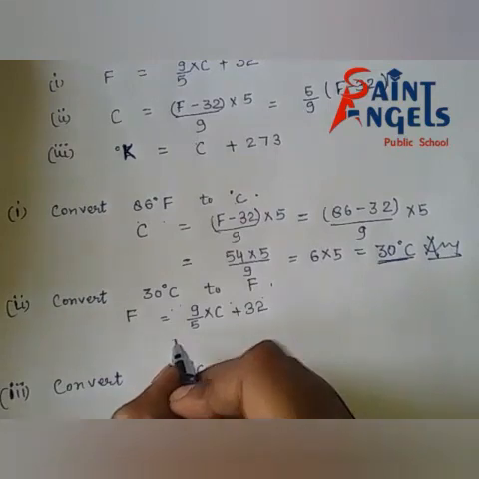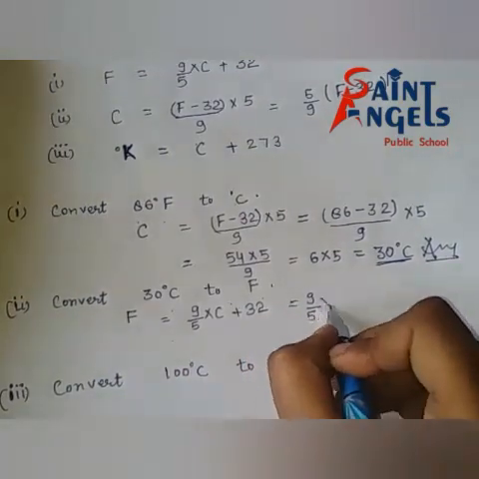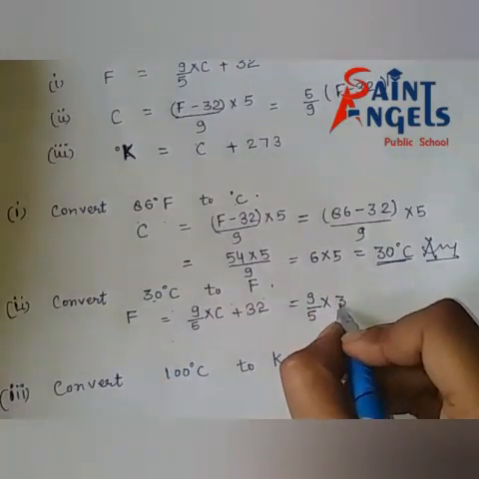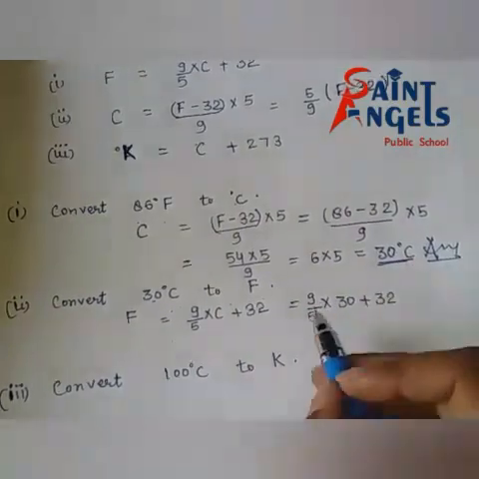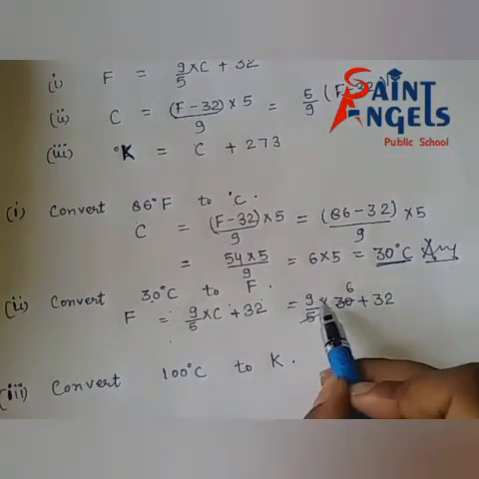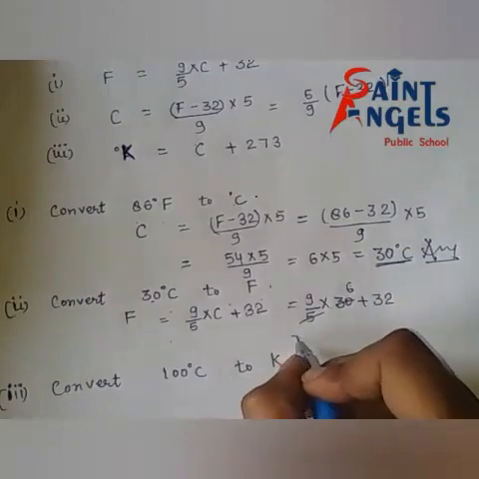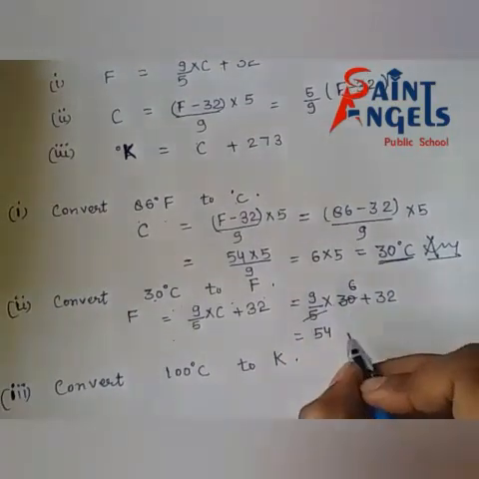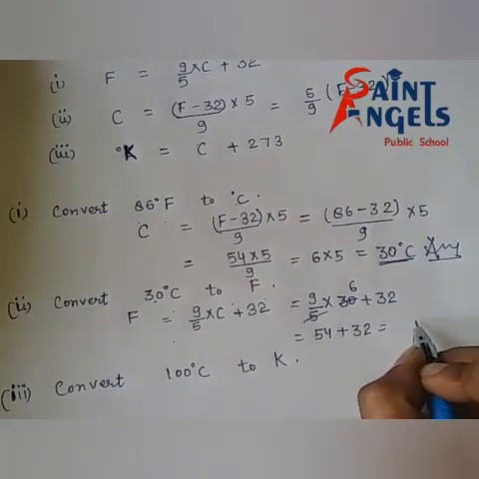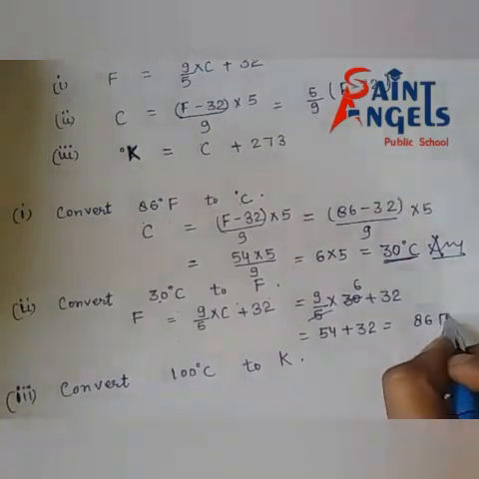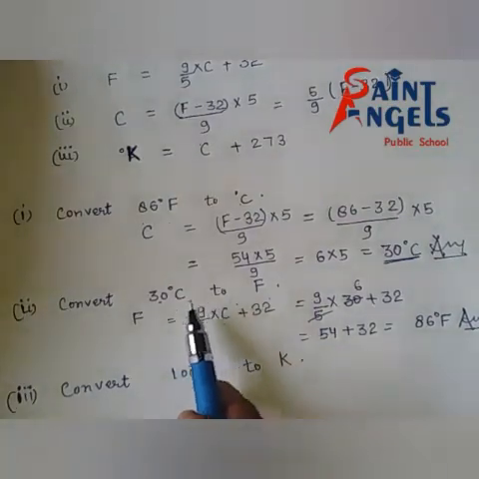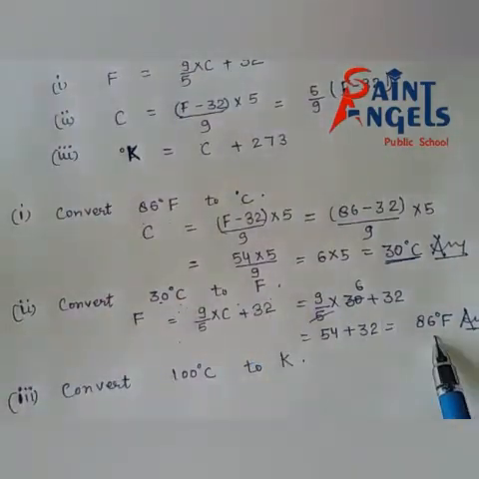That is 9 upon 5 multiplied by 30 plus 32. 5 6s are 30, 6 9s are 54. Then we write plus 32. 54 plus 32 is 86 degree Fahrenheit. So 30 degree Celsius is equal to 86 degree Fahrenheit.